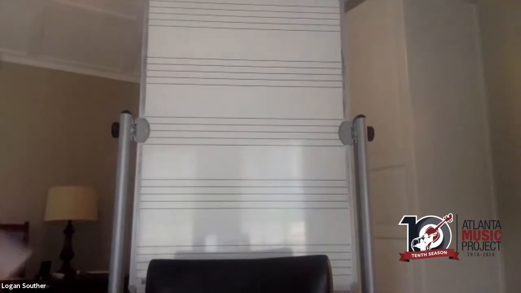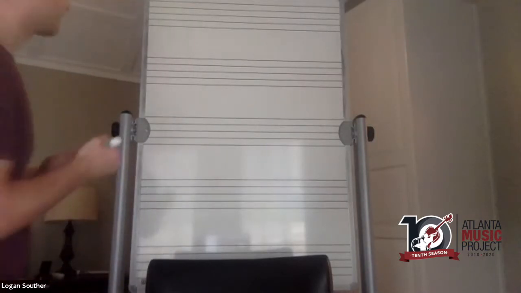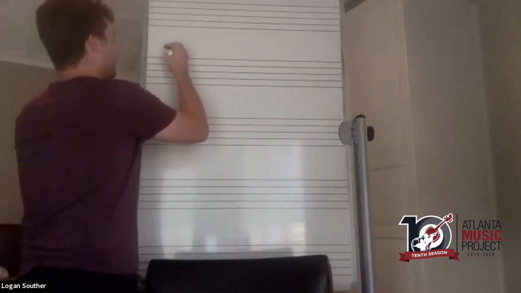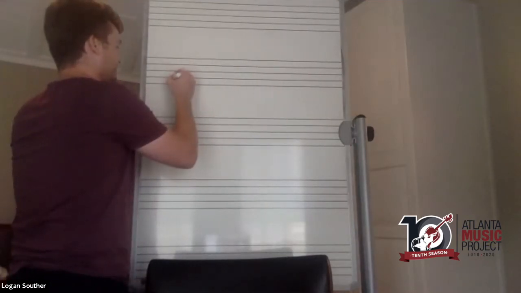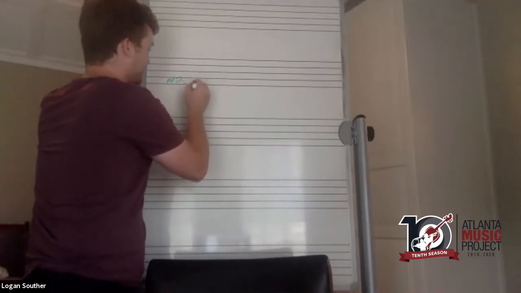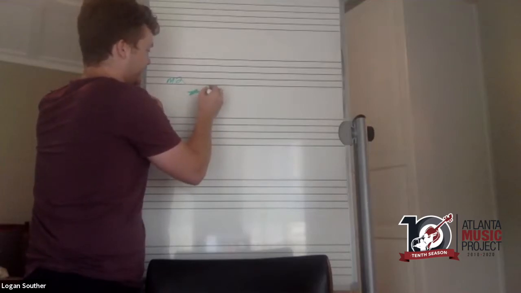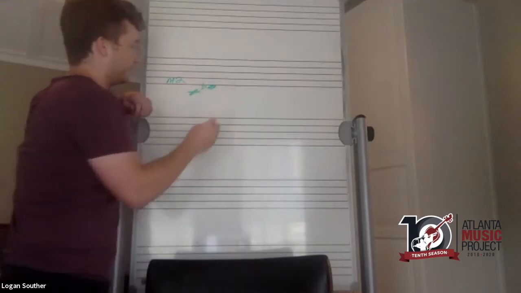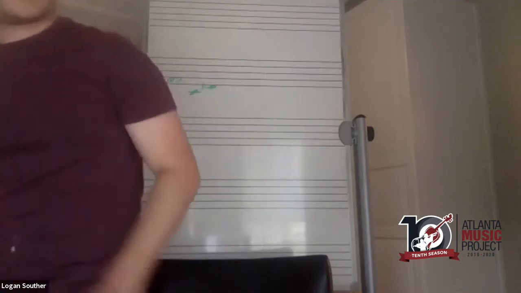So we talked about last time a minor second interval. Minor second interval, if we're using C as our first note, a minor second is going to be from C to D sharp, which is a half step.